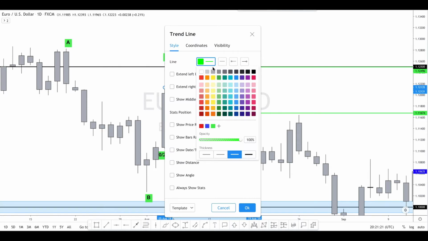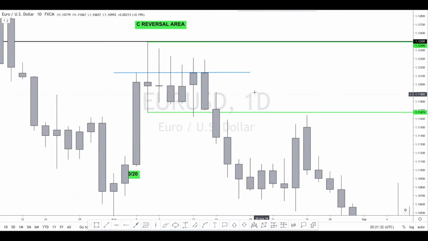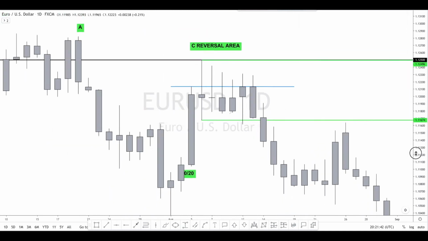Let's take another look at that again. As I always say, the market always leaves the clues, guys. You just need to know what to look for. When the market made that high, notice price has now struggled for the next 1, 2, 3, 4, 5, 6 days to get above that area. What is that showing you?